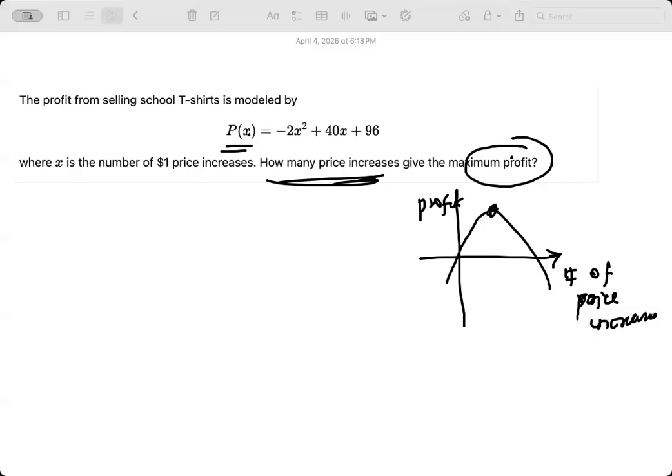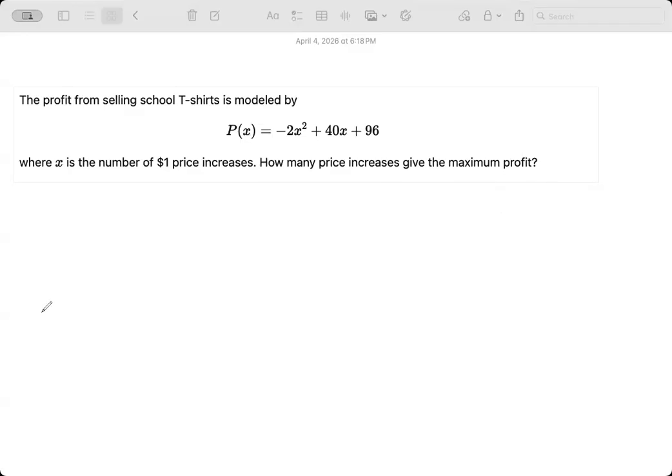That's what they're asking. You're going to find the vertex.